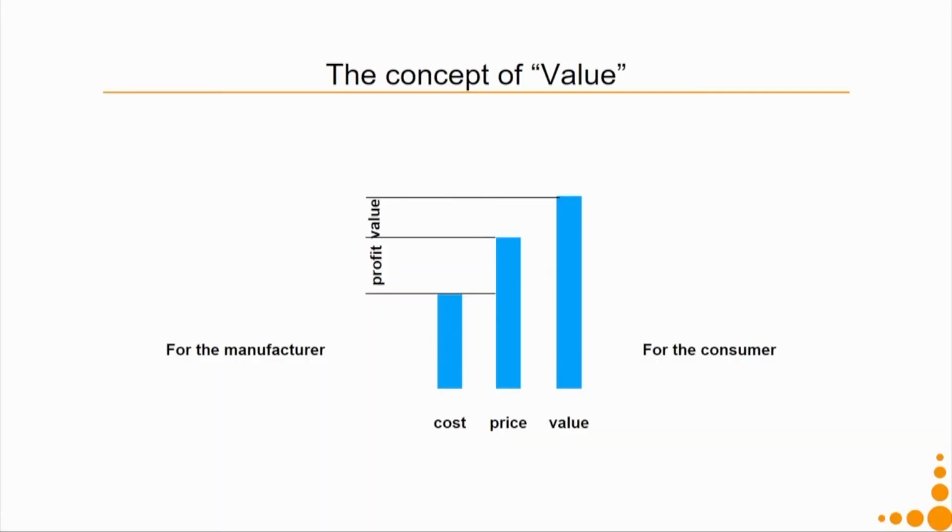So, this is what is meant by the concept of value. Value is equal to product quality. It might be related to many different product qualities like aesthetics, brand value, the comfort, the service quality offered by the manufacturer, plus the image that is being created.